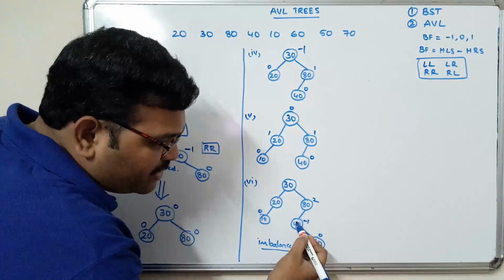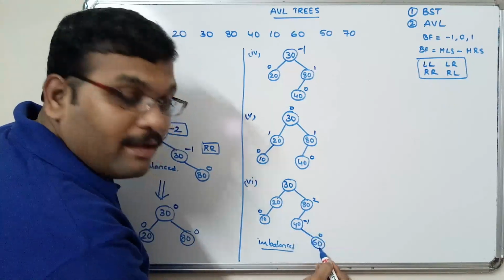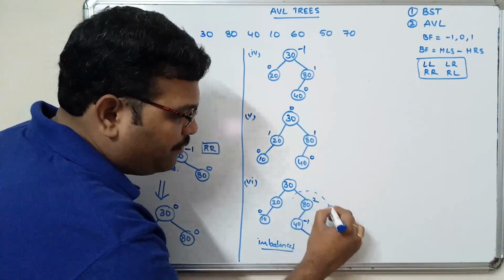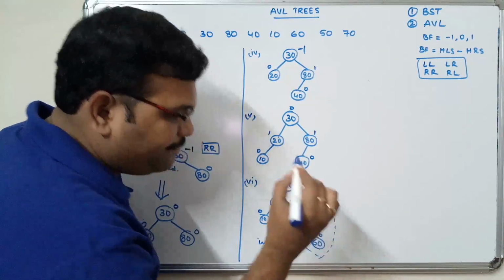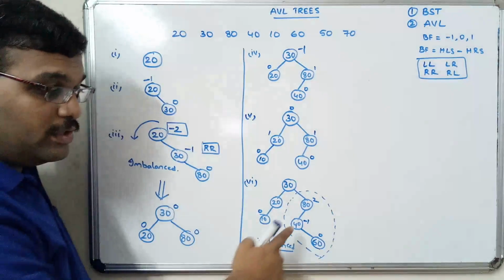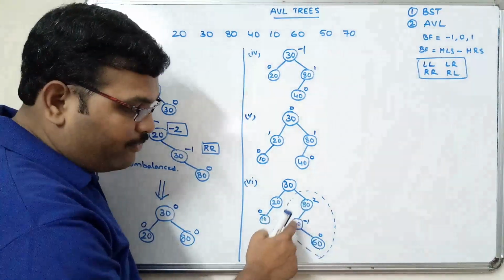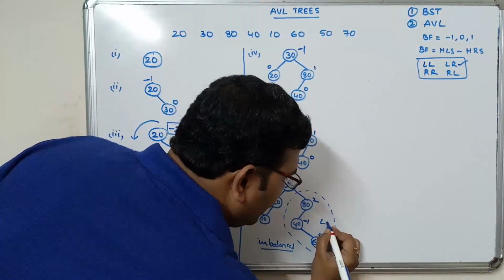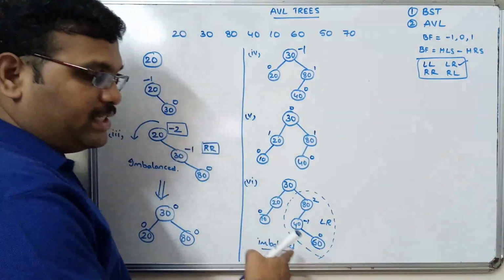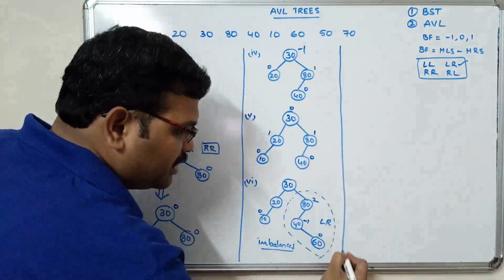So left side, right side, you can observe this one. So this is the left node, right node, left node, right node. So that means LR rotation. We have to apply the LR rotation. So this is a 2-step process.